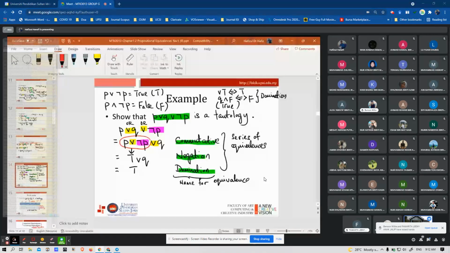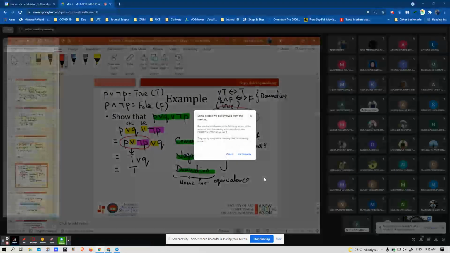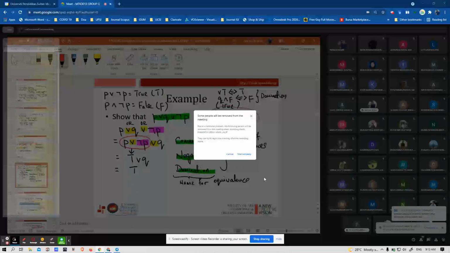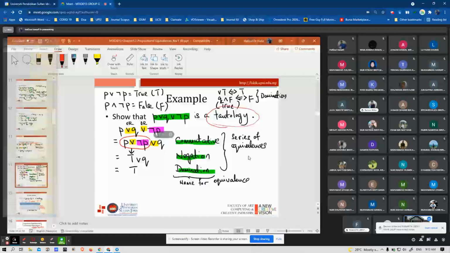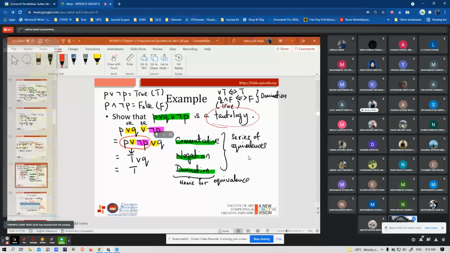Okay, this one is an example. Show that P or Q or negate P is a tautology. What is a tautology? Tautology, all of the values must be true.